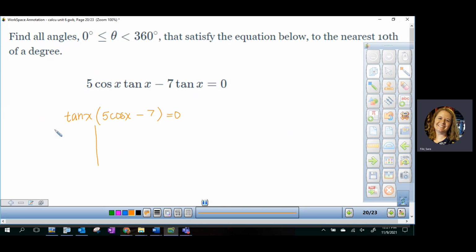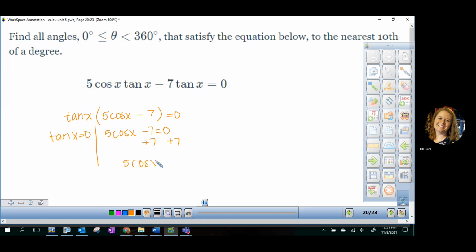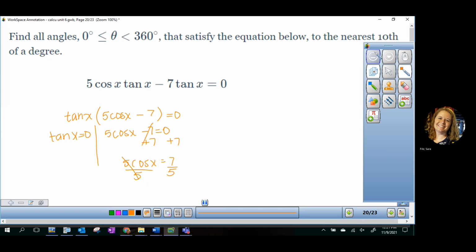And I would split and solve. Over here, tangent is already isolated. Over here, I need to isolate the cosine by adding the 7 and then dividing by the 5. So I get cosine of x equals 7/5.